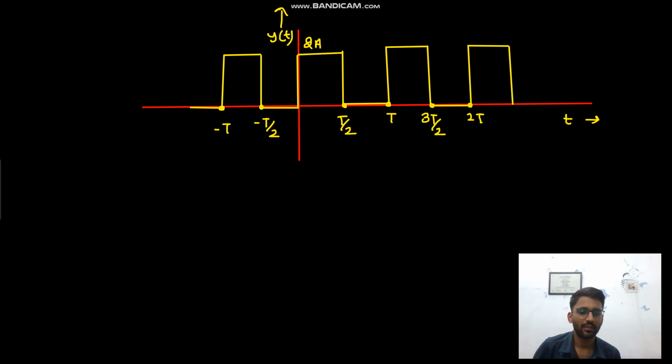Your y(t) will look something like this: 2A, 0, 2A, 0. So the signal is shifted upwards.